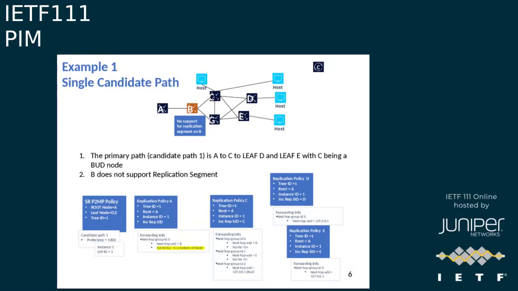So there could be a unicast SR policy that connects the two replication segments, and in that case the replication segment label itself is at the bottom of the stack. In this draft, we are really not testing the unicast domain. We are just testing the replication points where the replication segments are.